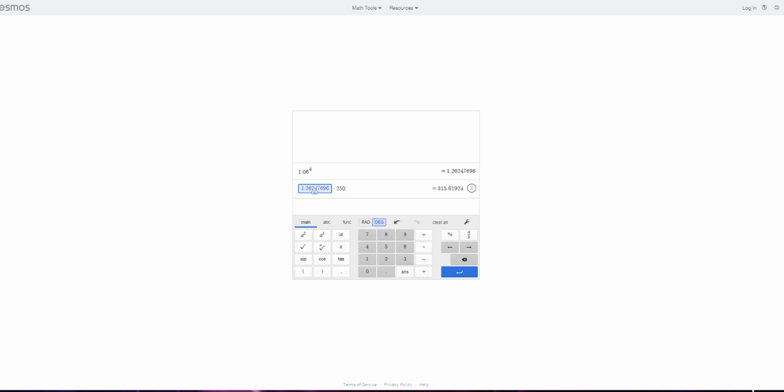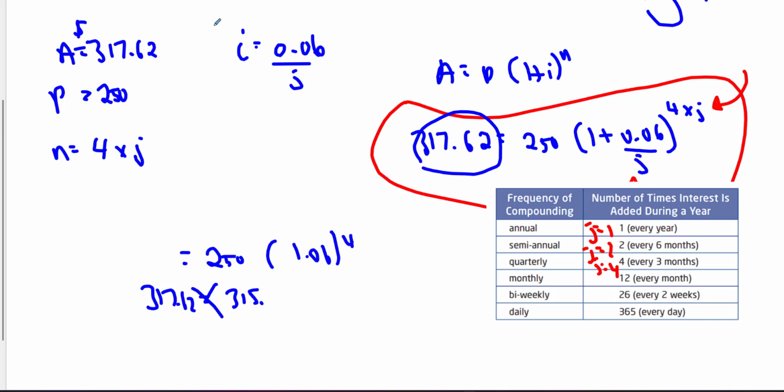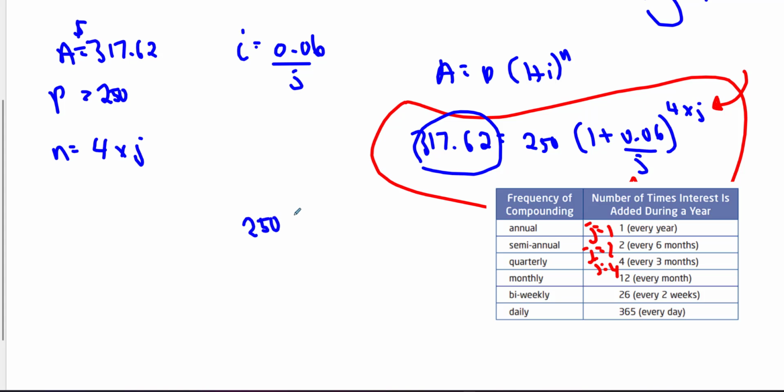Let's try J equals 2 now. So let's plug in 2. I'm just going to add them together. It's not hard to add. 0.06 divided by 2 is 0.03.